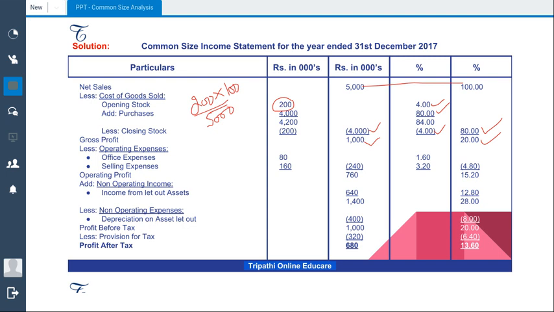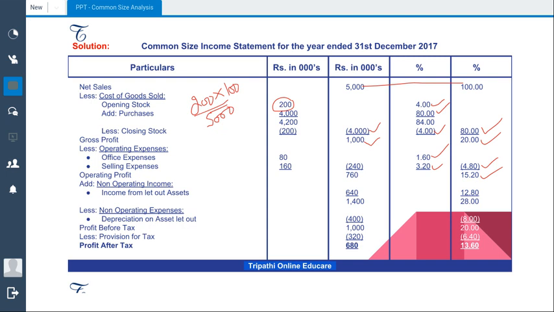Same way you will have to calculate percentage for each and every item. Office expense is 1.60%, selling expense is 3.20%, total operating expense is 4.80% of net sales, and that is how we are getting operating profit of 15.20% of net sales.